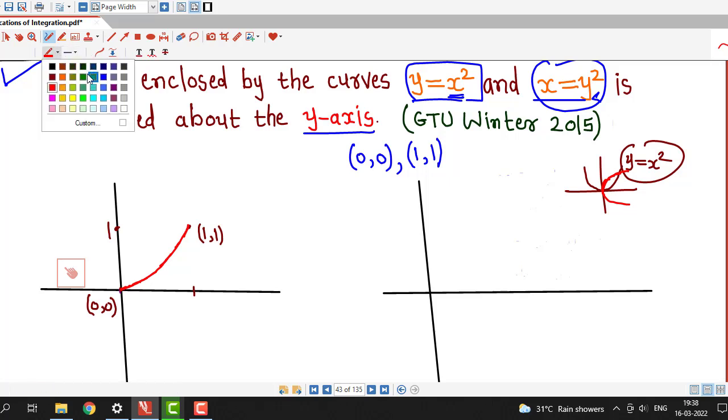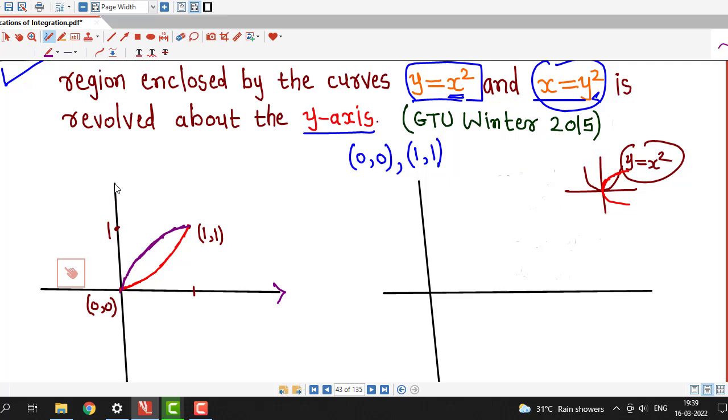So we use a different color for y square equal to x. That will also pass through these 2 points. So this is y square equal to x. Now we have to rotate the region between these two curves about the y-axis.